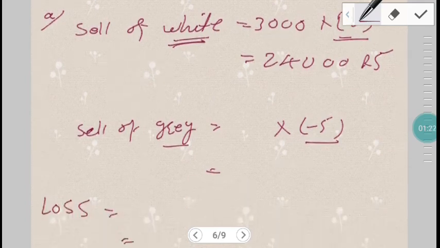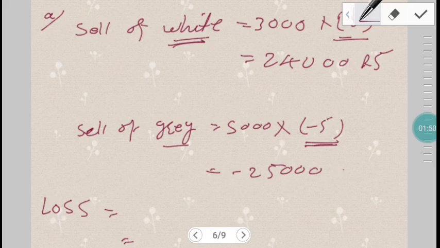And now for the selling of grey cement, on selling grey cement they suffer a loss of 5 rupees, so we'll show it by minus 5, and they have sold 5,000 bags of grey cement. So by calculating we will find minus 25,000 rupees, that means a loss of 25,000 rupees by selling grey cement bags.